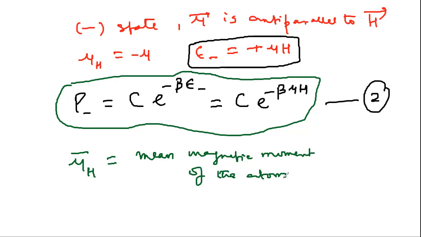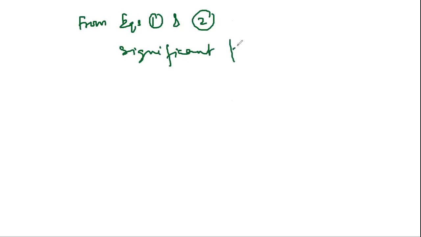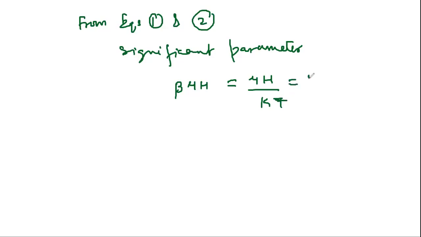Now, by virtue of equations 1 and 2, we can see that the significant parameter in this problem under question is beta mu h, which I can write as mu h by kT, and we write it as y.